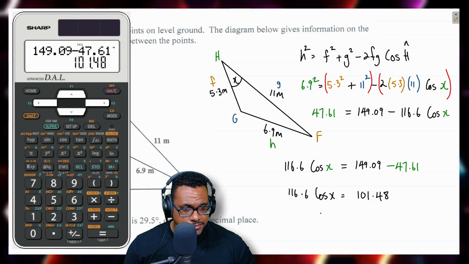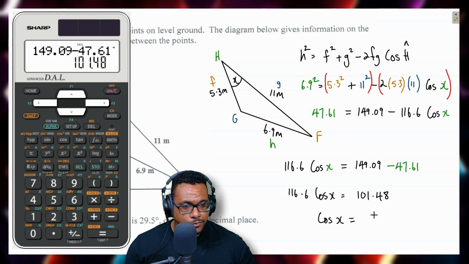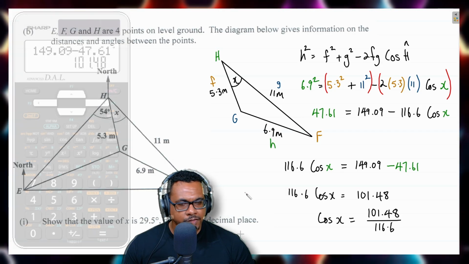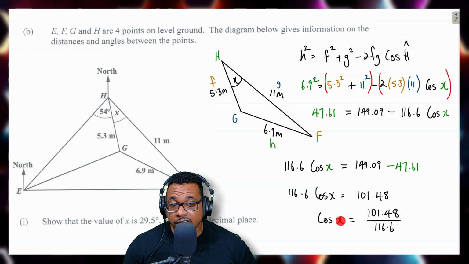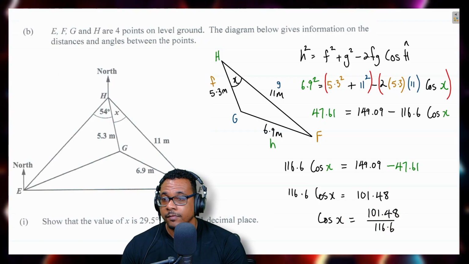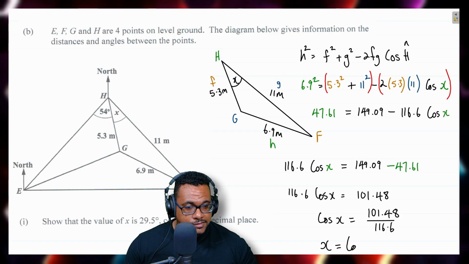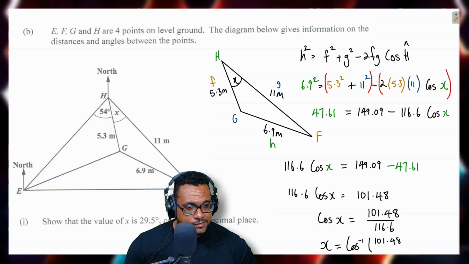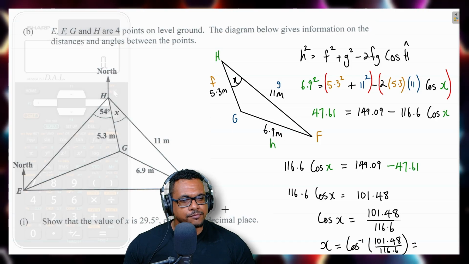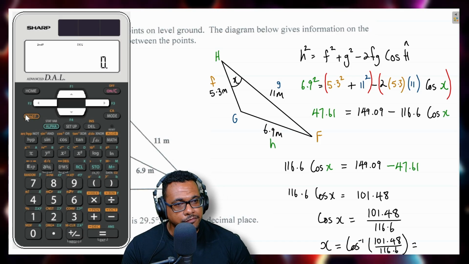So either way, you're going to get cosine x is equal to 101.48 divided by 116.6. So x would be equal to the cos inverse of the 101.48 divided by 116.6. And that's equal to, all right, so I'm going to press second function, then cos.